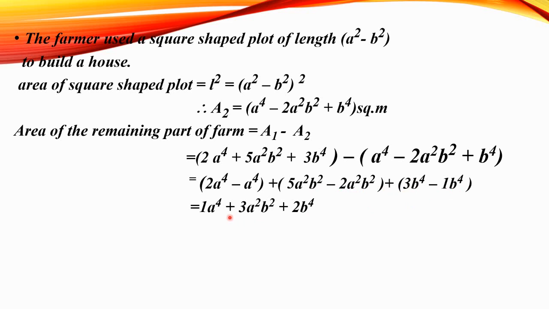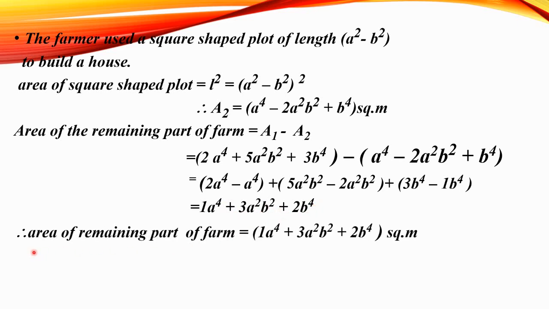So our answer comes as 1a raised to power 4 plus 3a square b square plus 2b raised to power 4. So the area of the remaining part of the farm is equal to 1a raised to power 4 plus 3a square b square plus 2b raised to power 4 square meter.